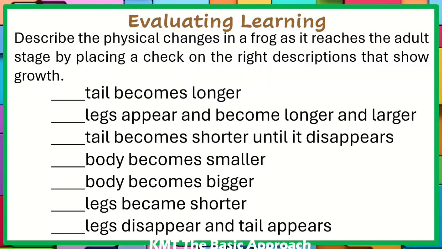Let's answer. Legs appear and become longer and larger. Tail becomes shorter until it disappears. Lastly, body becomes bigger.